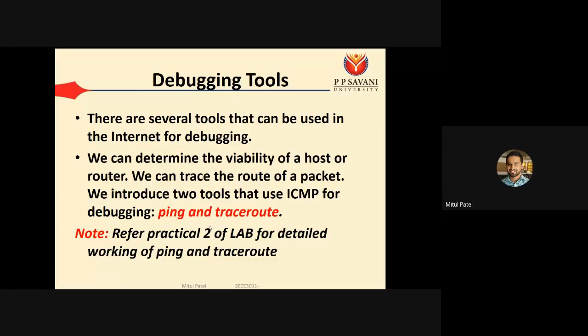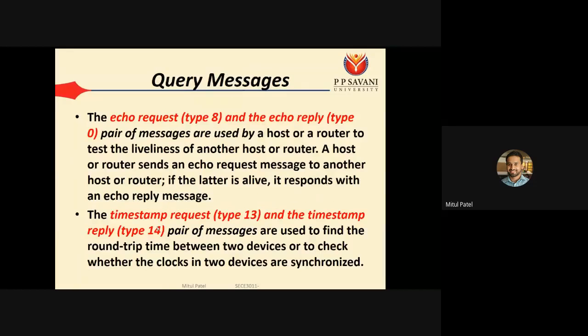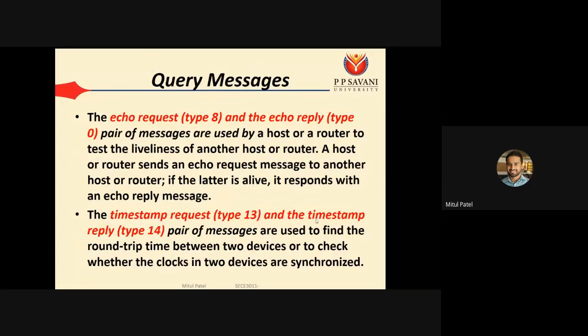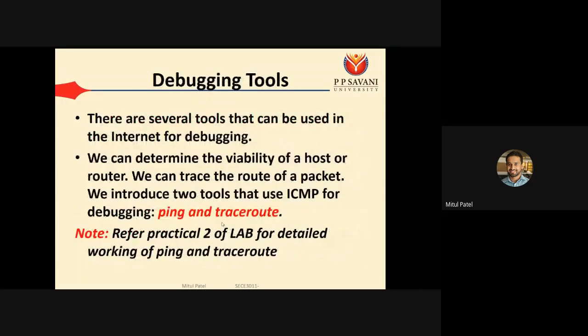You can refer to that practical to learn about ping and traceroute. Ping uses echo request and echo reply, while traceroute uses timestamp request and timestamp reply. For both we use ICMP messages.